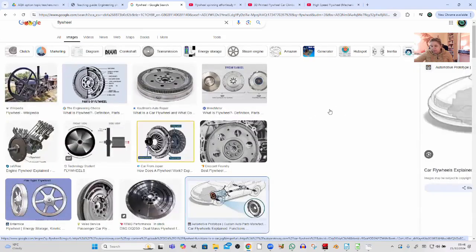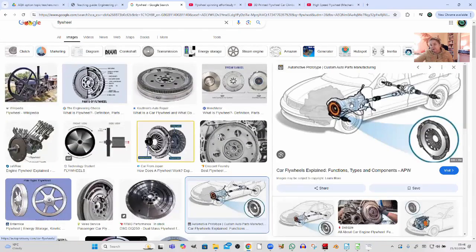The flywheel is between the engine and the gearbox, and that's because the engine makes the flywheel spin, but the engine is not necessarily going at the same speed as the wheels, and so you've got a gearbox, which means that you can change the ratios. And you have a flywheel in there that keeps rotating.